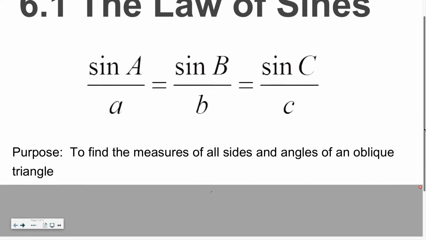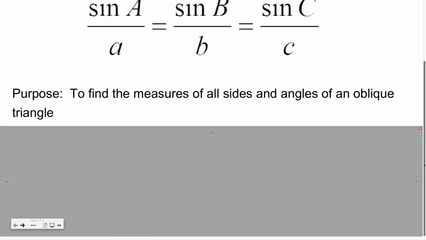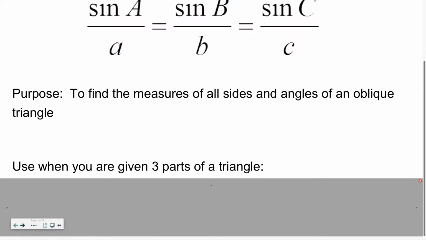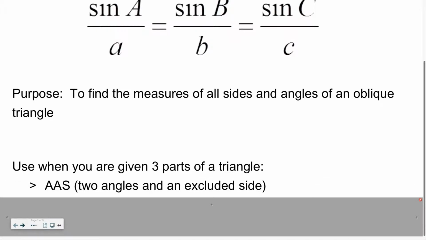Now, when can you use the law of sines? There are only 3 instances in which you can use the law of sines on an oblique triangle. Angle, angle, side. So if you know 2 angles and a side that's not in between, you can use the law of sines.